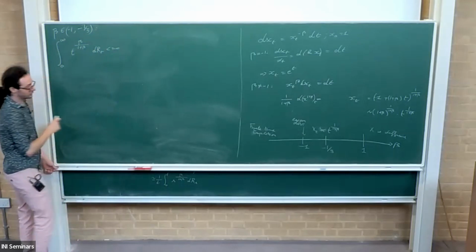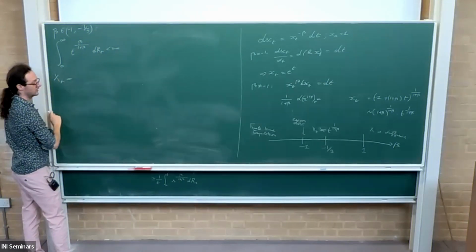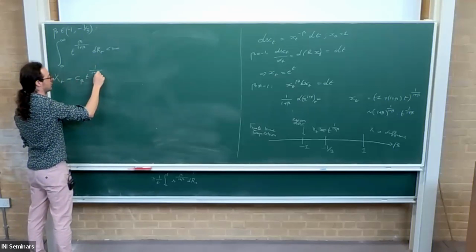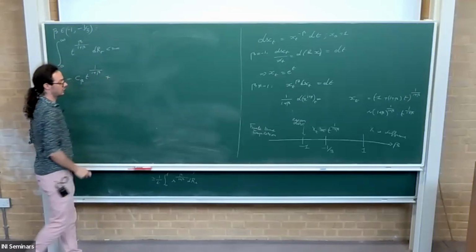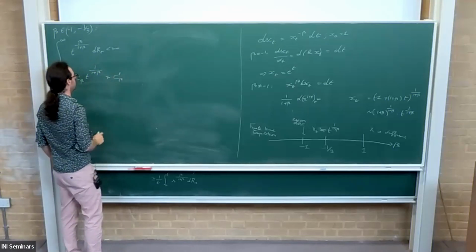And it follows from it, in fact, that xt is going to be equal to a constant. Okay, so this is just the deterministic approximation. You will get a second order approximation, which is another constant.